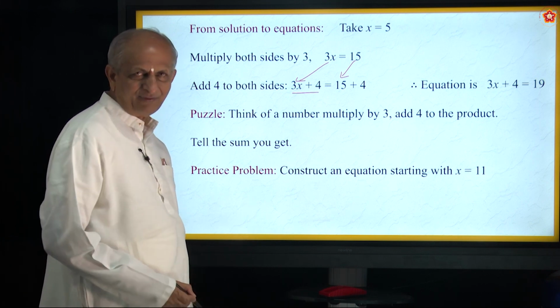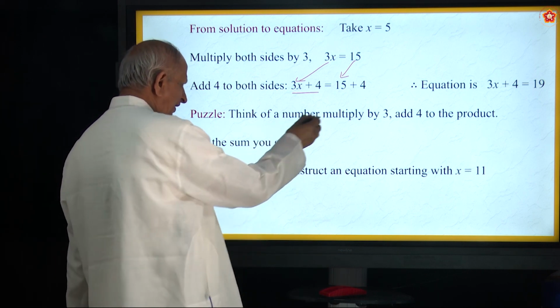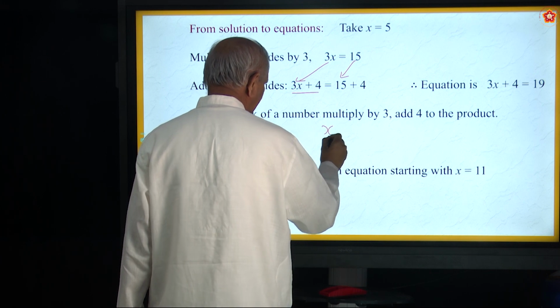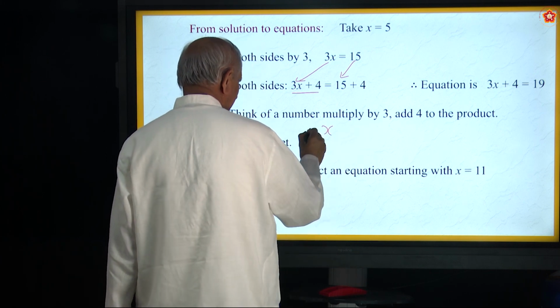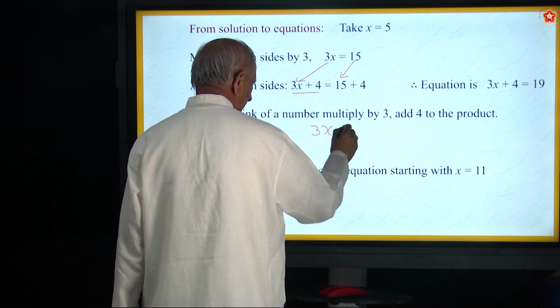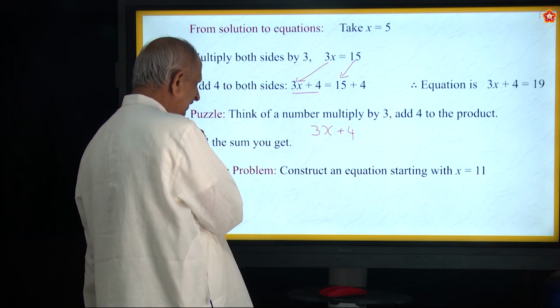Can you do it yourself? You can try. So, for example, I will just help you. Let the number be x, multiplied by 3, 3x plus 4, and they are asking the sum.